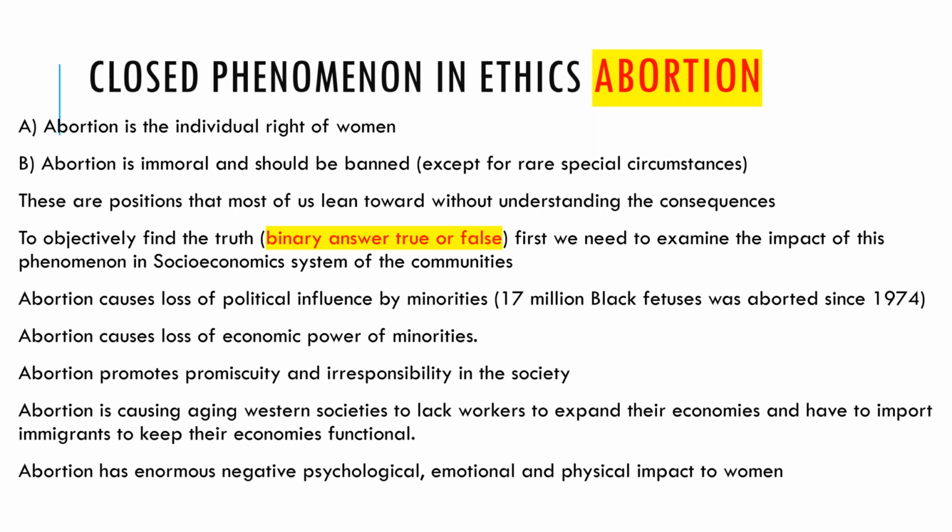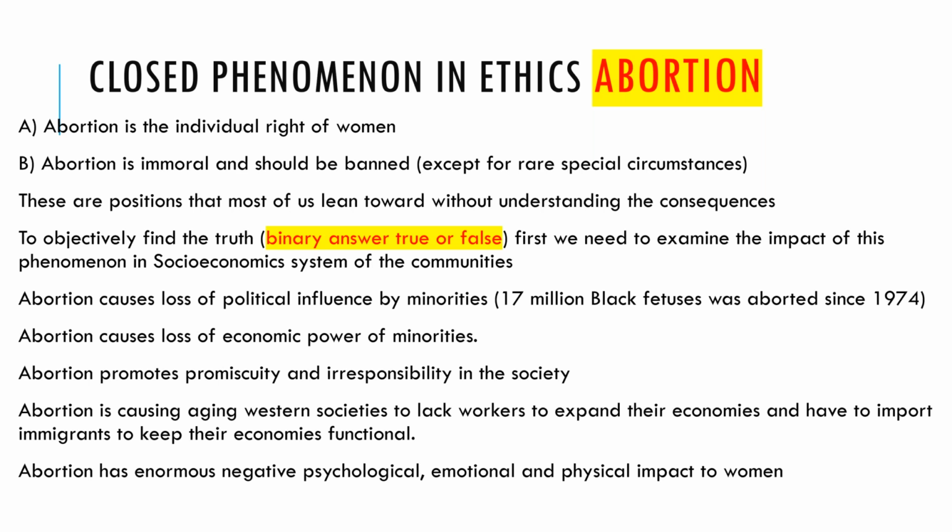Why? Because it causes harm. The second is the application of it in the society. So let's examine this. So this is binary. Is it true or is it false? Now we have to examine the socioeconomic system of the community to derive the answer.